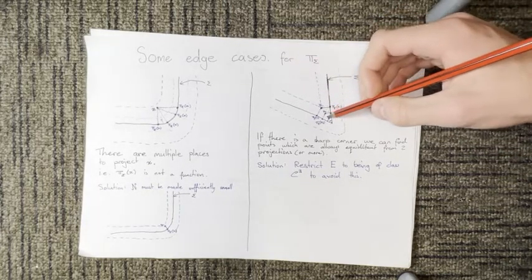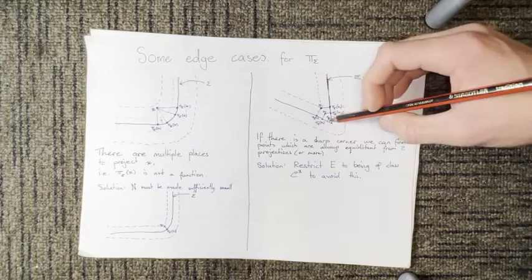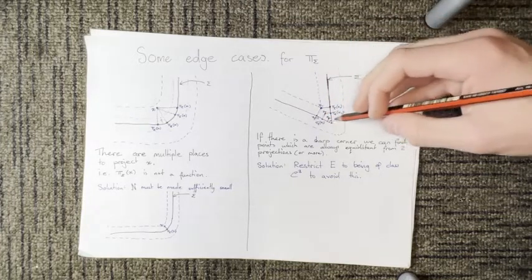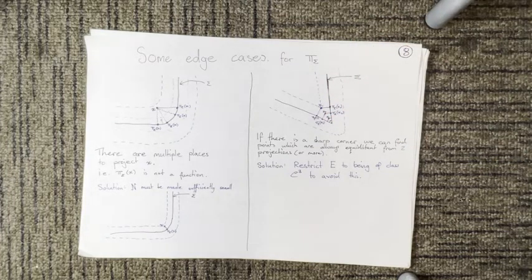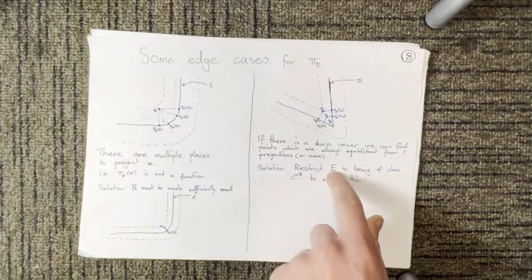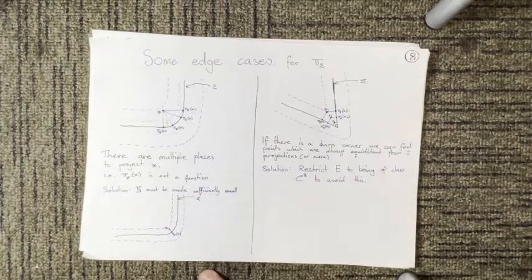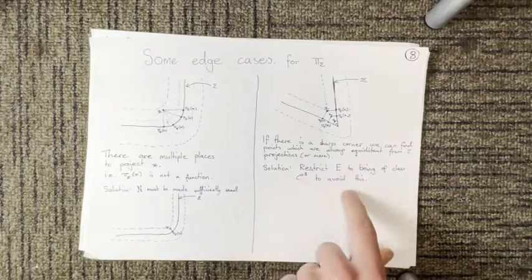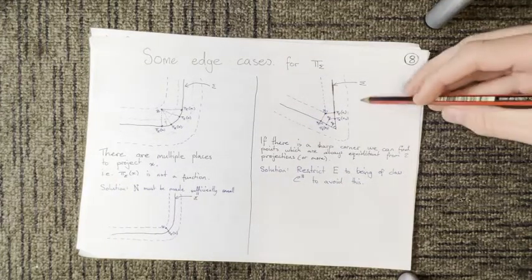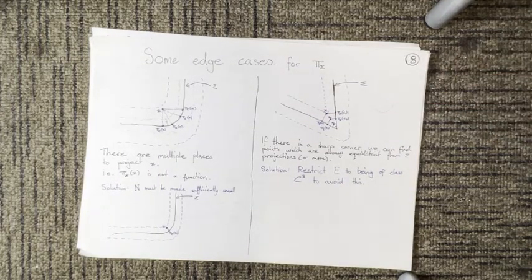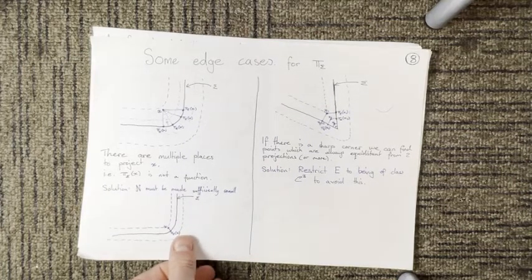As you can see, you can get arbitrarily close, and you're still going to have two matching projections. So we just restrict our original volume to being of class C3, and that ensures that we have sufficiently smooth boundaries, so we can always have a unique projection.